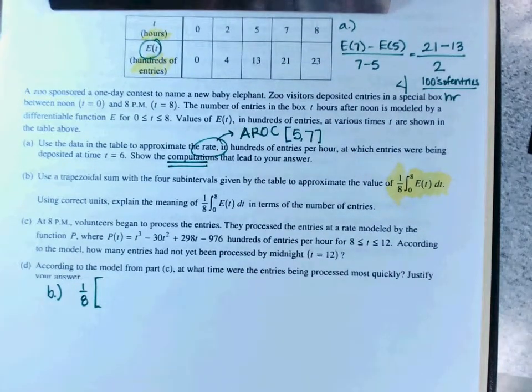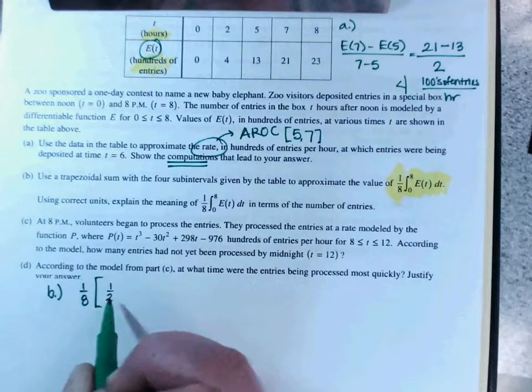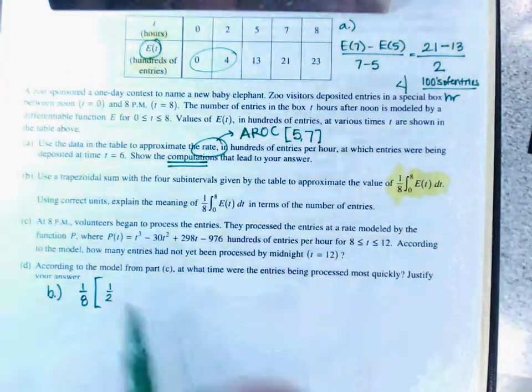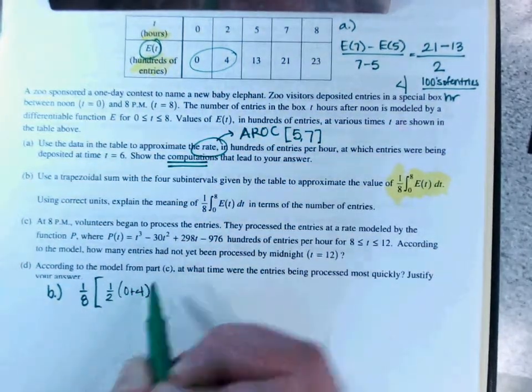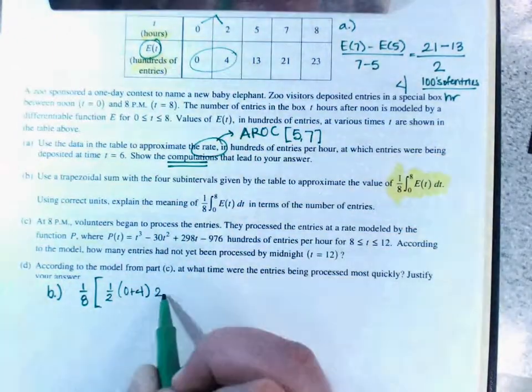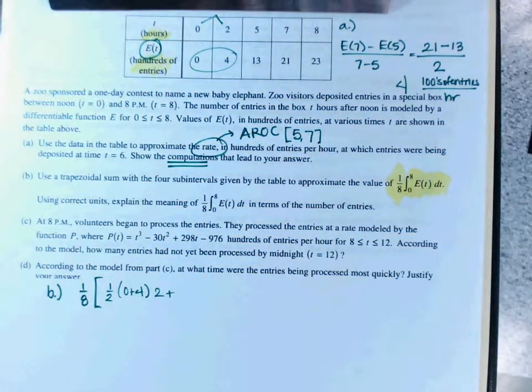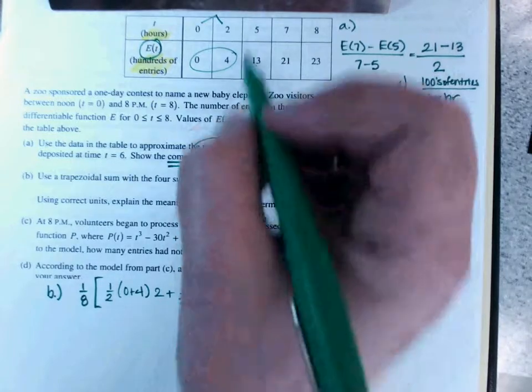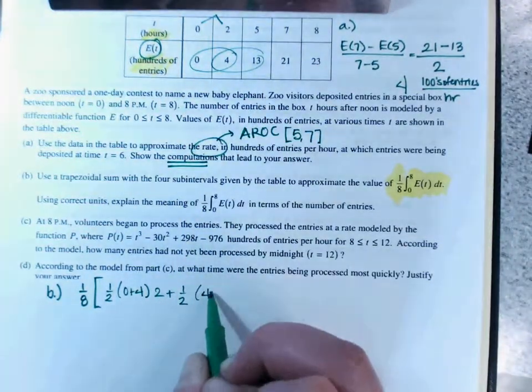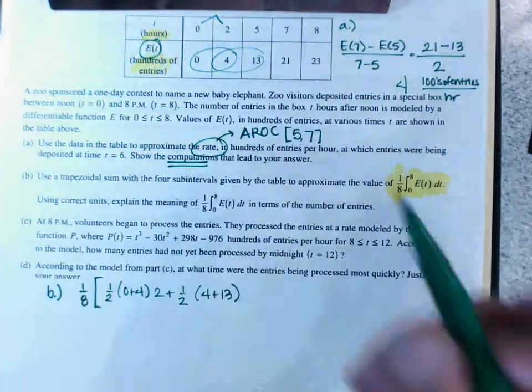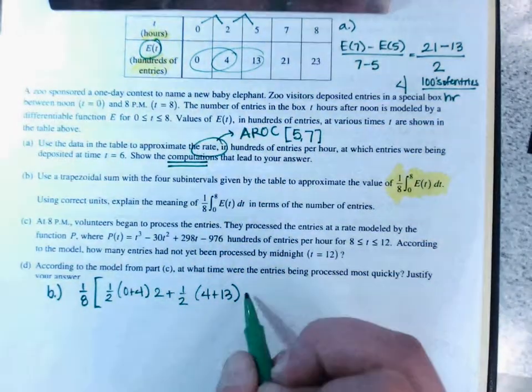Okay, then remember you're going to do 1/2, add the y values, so 0 plus 4, multiply by the width, 0 to 2 is 2. Next trapezoid, 1/2, add the y values, that'd be 4 plus 13. Then multiply by the width between the x values, which is 3.